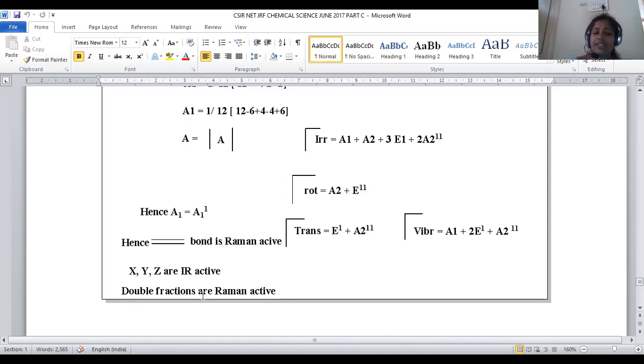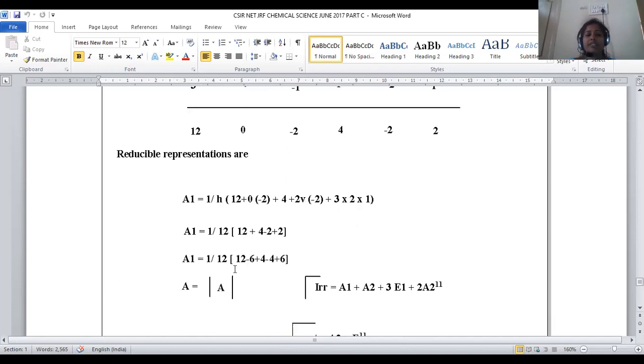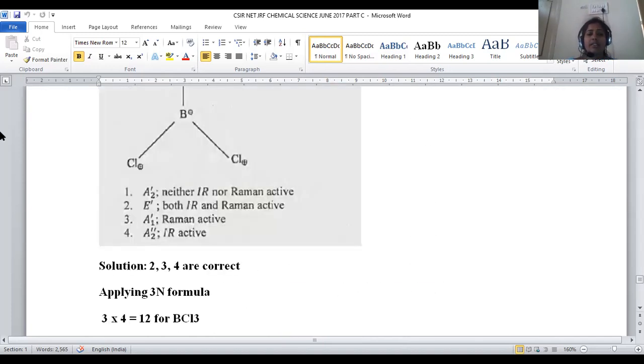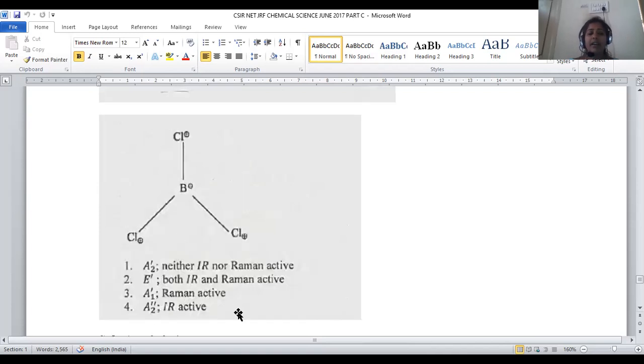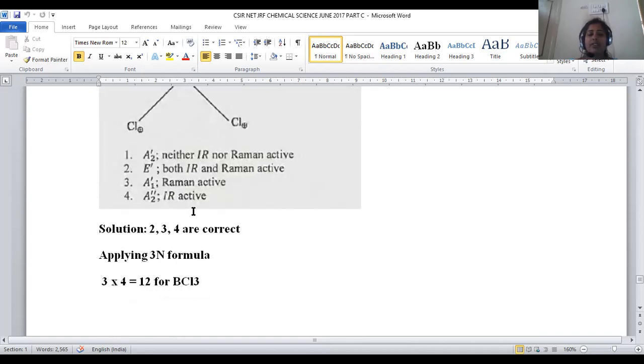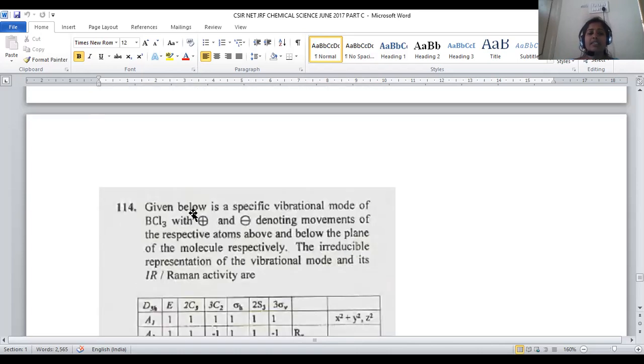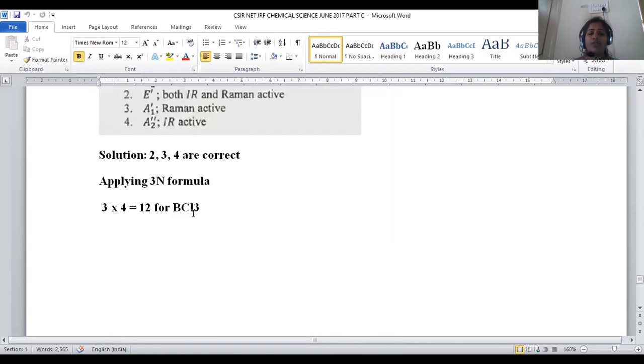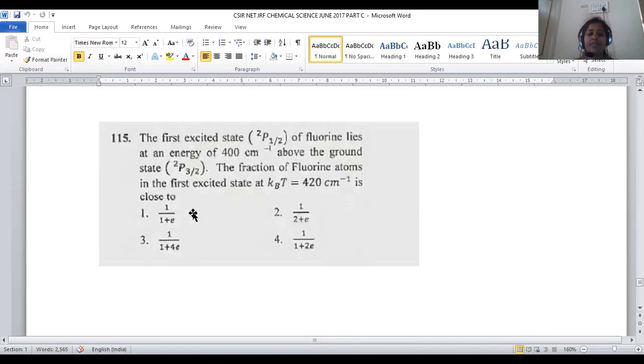Any double fraction integers present are Raman active parameters. So based on all these, it is clear that the E prime representation is IR and Raman active. E1 prime is Raman active. E2 double prime is IR active in nature. So this is about the correct answer. 1, 2, 3, 4 are the correct answers.